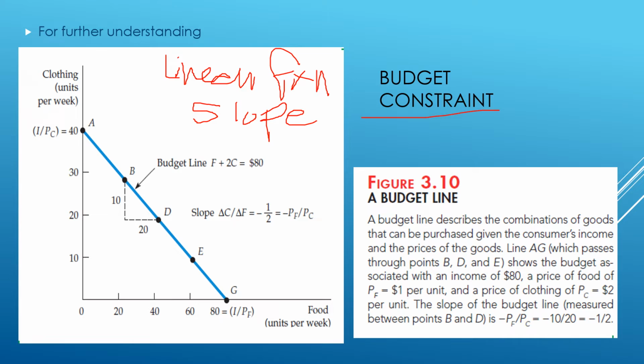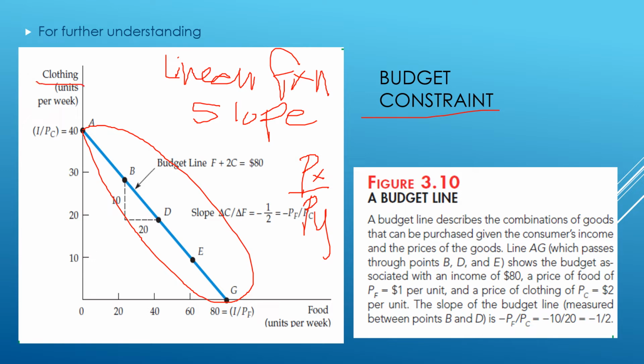The slope of the budget constraint is simply the price of X divided by the price of Y. Since we have a downward sloping curve that entails the negative relationship of these two kinds of goods, therefore it will always be negative. So the slope of the budget constraint is considered to be negative, which is this one.